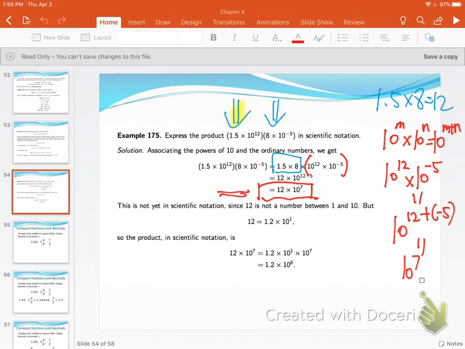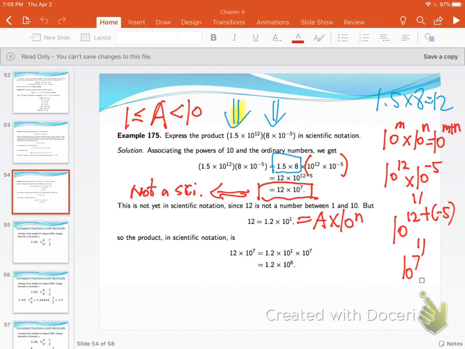But you have to be careful. This is not a scientific notation, because 12 is too big. Remember, what's the condition for A? A has to be between 1 and 10. 12 is too big, so we have to change 12 to scientific notation. We need A times 10 to the nth power.